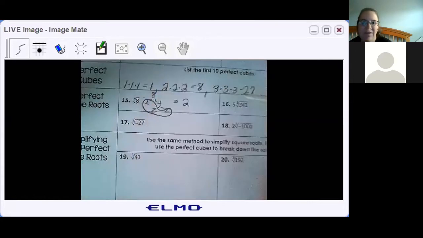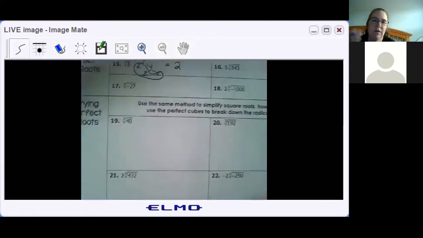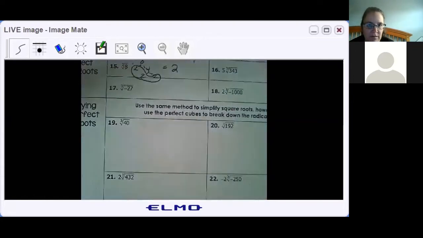But what happens if it's not a nice number like 8 or 27 or 1,000? Well, what if it's negative? How does that change things? Well, the nice thing about a cube root is whatever's under the root decides whether your answer is positive or negative.